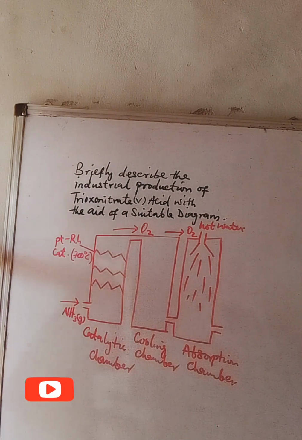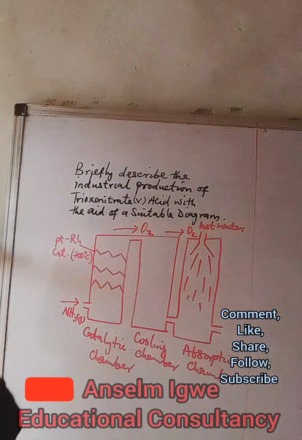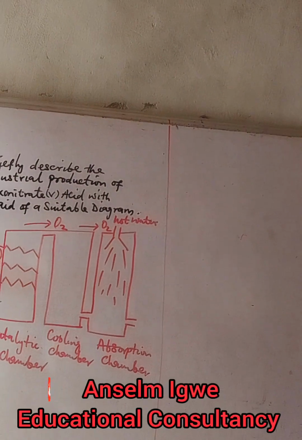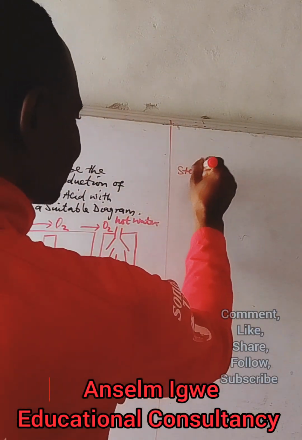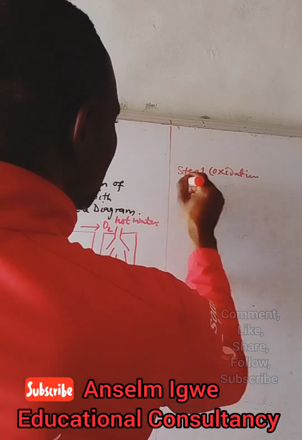They will blow the ammonia through the catalytic chamber. And what happens in the catalytic chamber is catalysis. The catalyst there, we have oxidation of ammonia. So step 1 is called oxidation of ammonia.